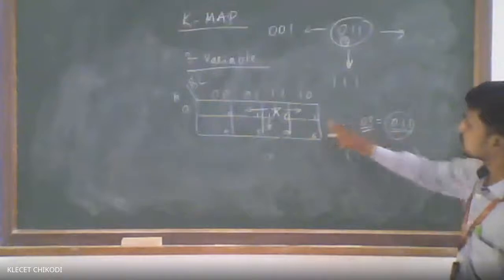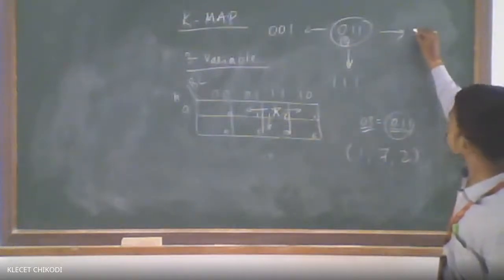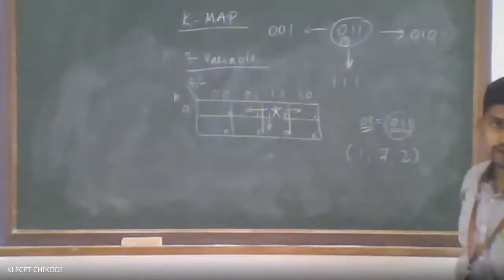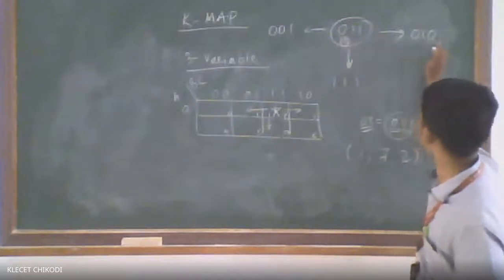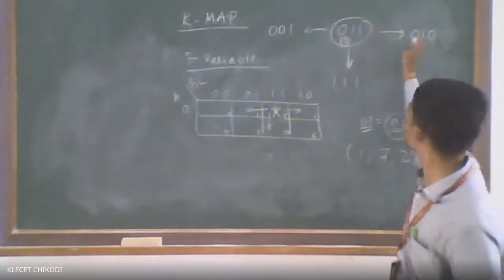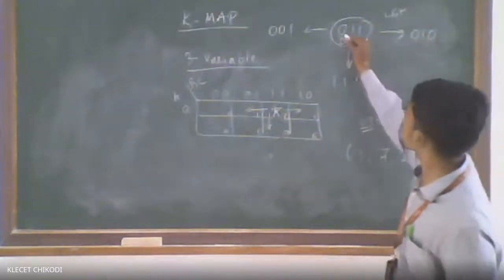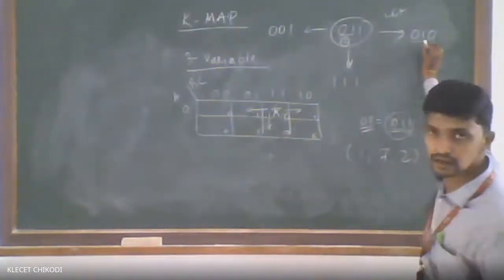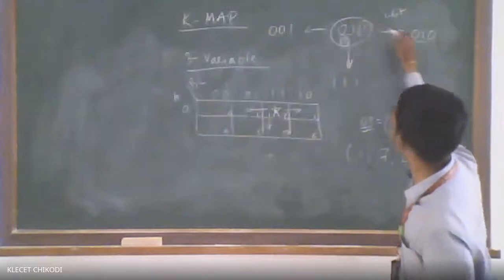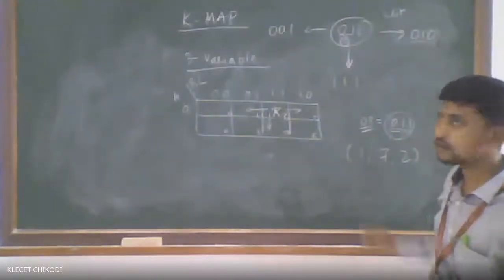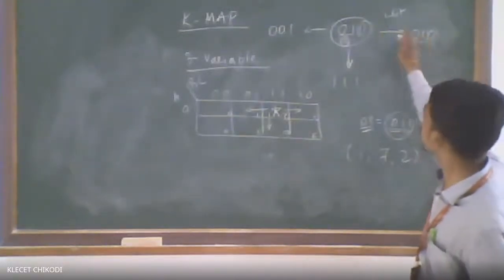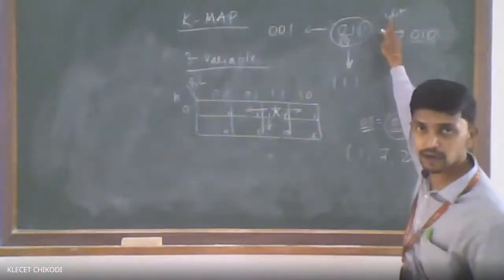And the second cell is 0, 1, 0. If you see 0, 1, 1 and 0, 1, 0, it differs by only one bit, because the first two bits are the same. Only the last bit, that is the LSB, is changing from 1 to 0. So that is why it differs by only one bit.